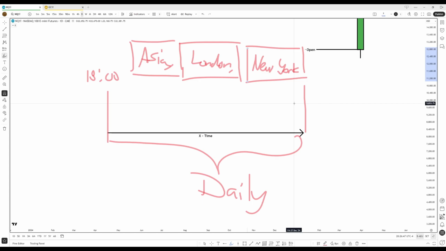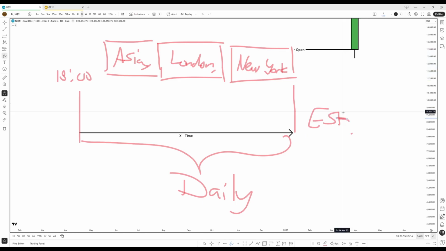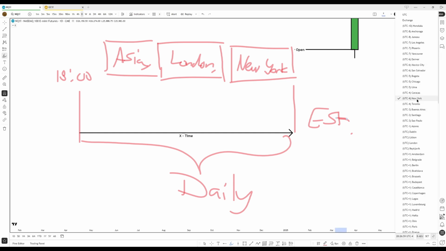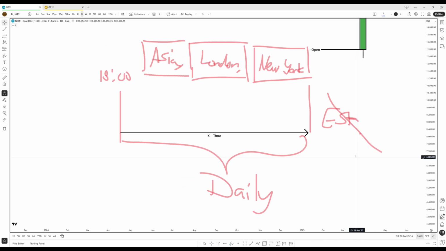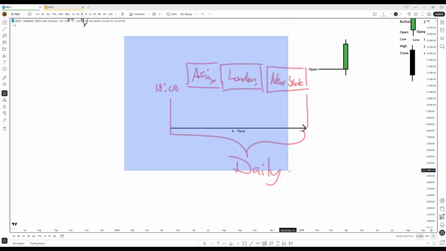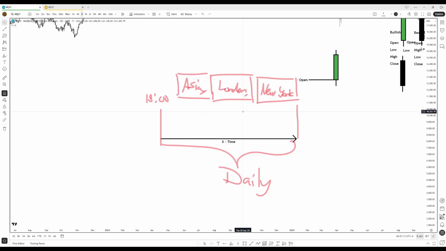The charts that we look at are always Eastern time. So at the bottom over here, you can put New York time, because we follow the volume of New York. Now, every session has its own specific characteristics of what happens in that session.